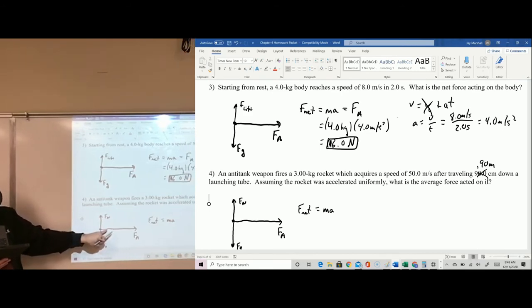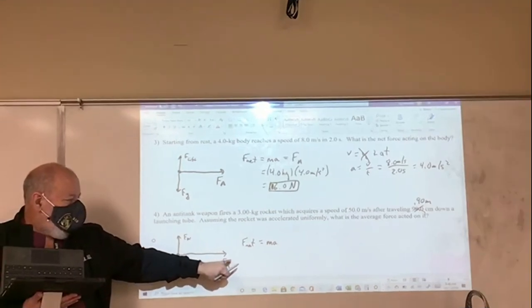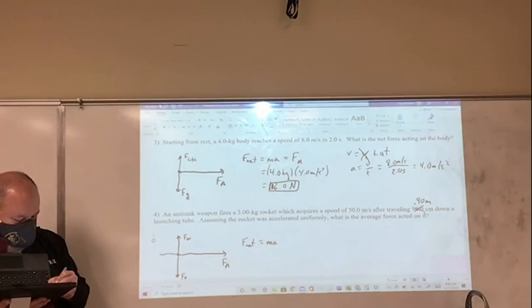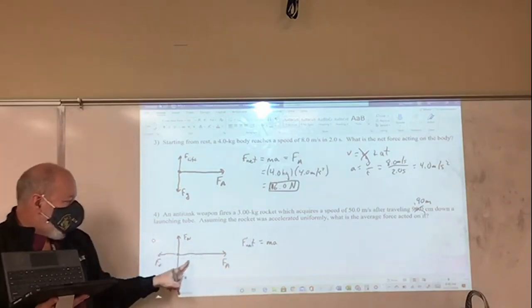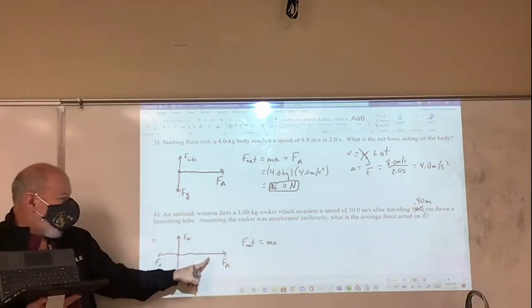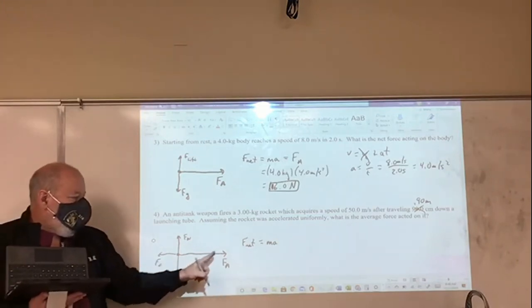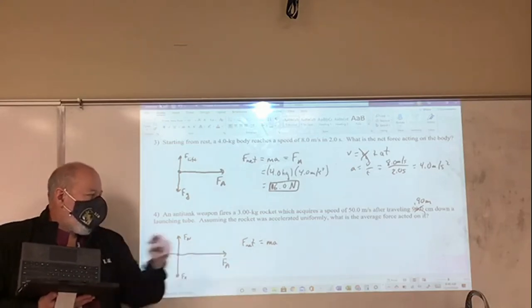I don't know that this is frictionless. It may be that the applied force has a friction force opposing it. All we're asked to find is what is the net force? What's the result of this force and this force? We don't know for sure, so why even bother speculating?